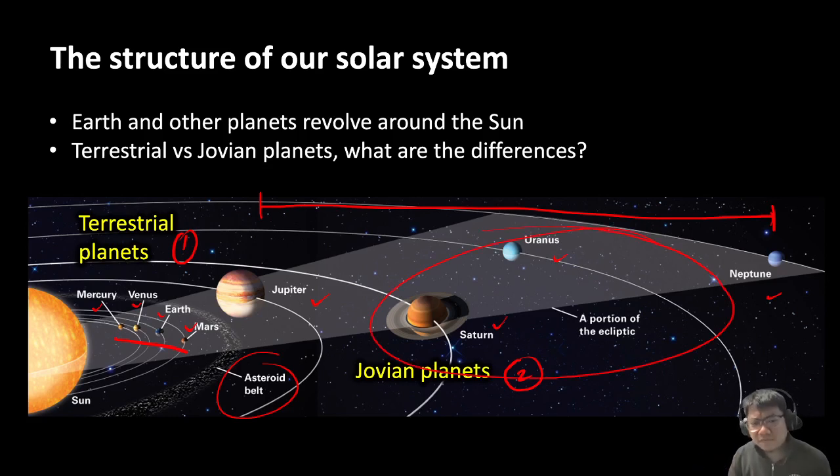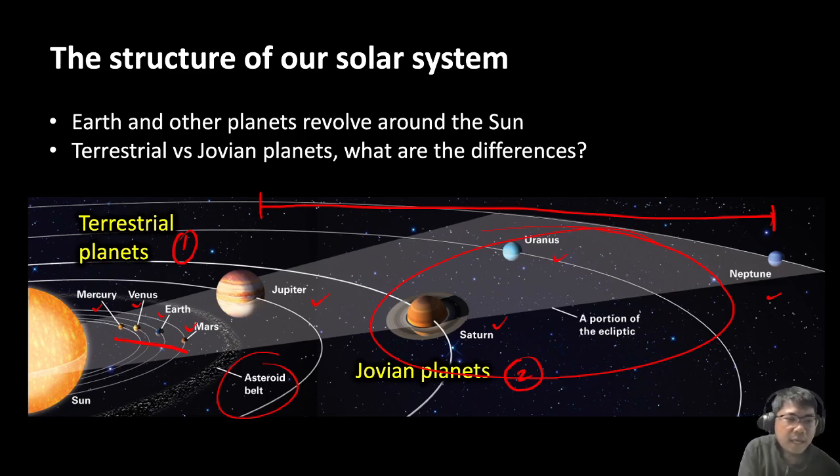Now, what is the main difference here? Well, as you can see there, the size is so different. The first four planets are relatively much smaller than the rest of the Jovian planets. And the reason for that is because these planets consist of rocky material, so the gravity of these rocky materials basically allows them to coalesce into much smaller planets.